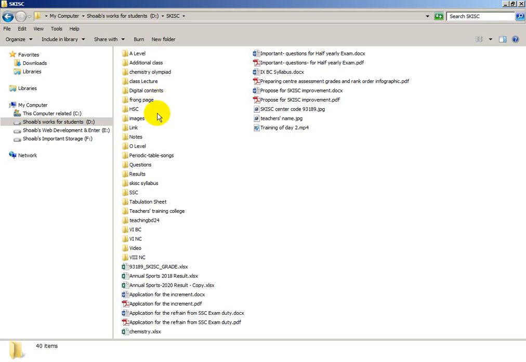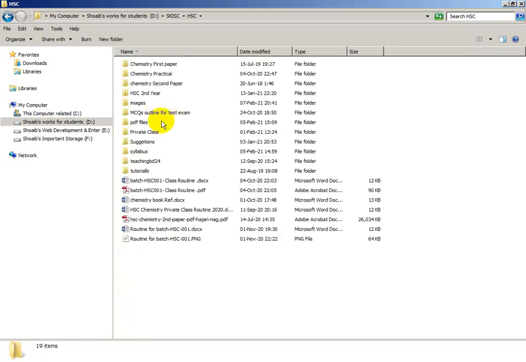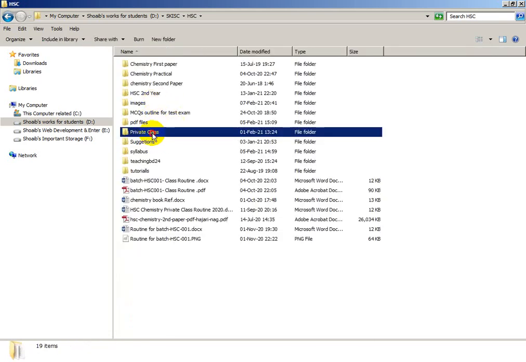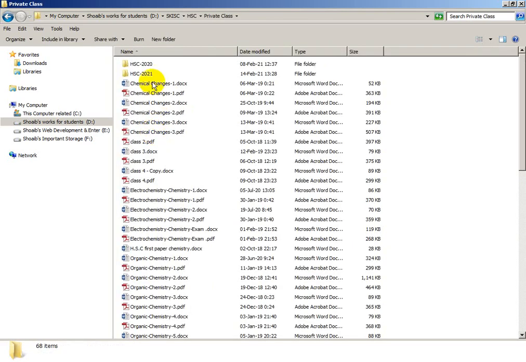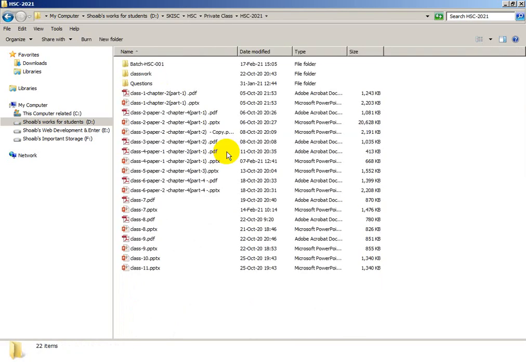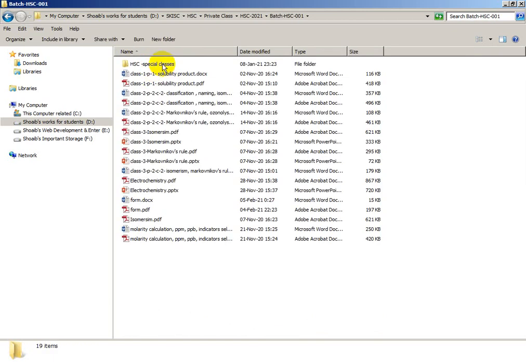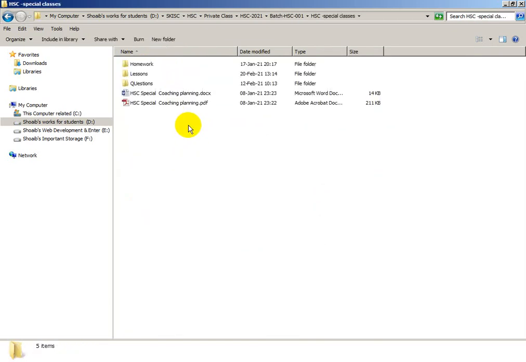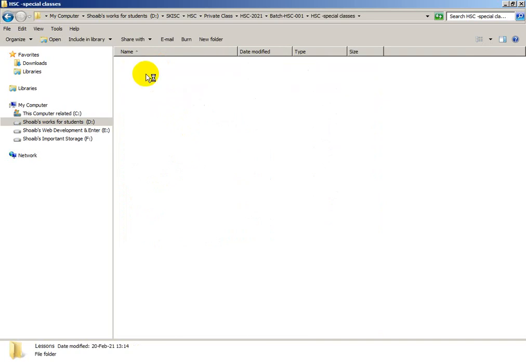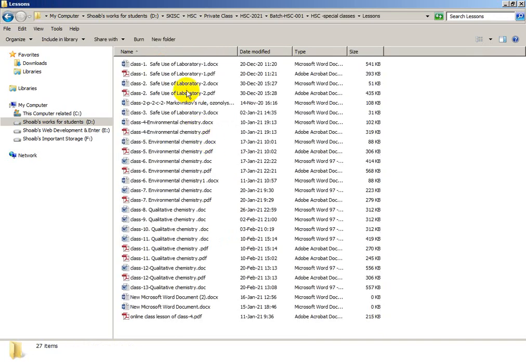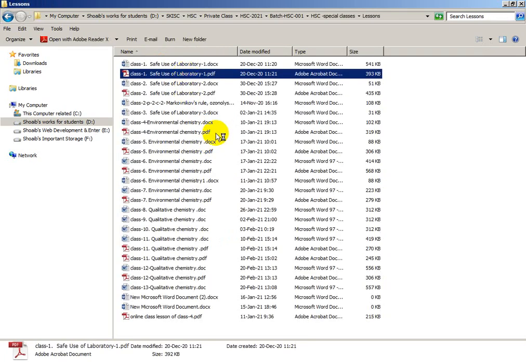So I want to open a file here, safety measurement. Okay, I am showing this, safe use of laboratory.